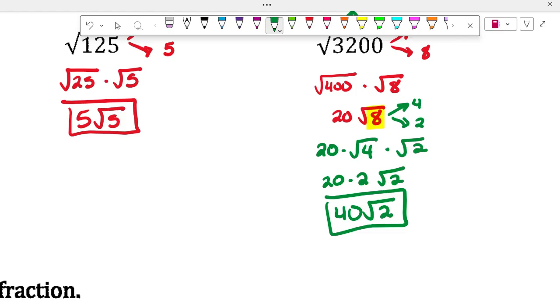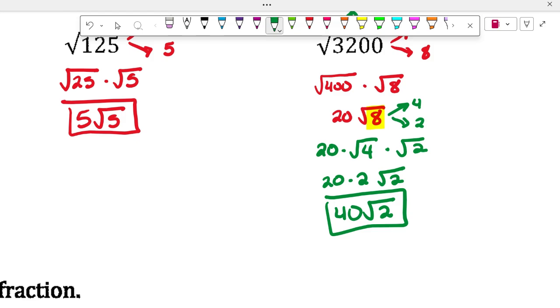Like I said, the highest perfect square is actually 1600. That could go into 3200. That would be 1600 times 2. The square root of 1600 is 40. So that makes sense. But again, I didn't expect you to know that highest perfect square off the top of your head, because all you guys know, at least for the most part, is up to 20 squared. But that is an example of what you should be looking for every time you simplify a radical.